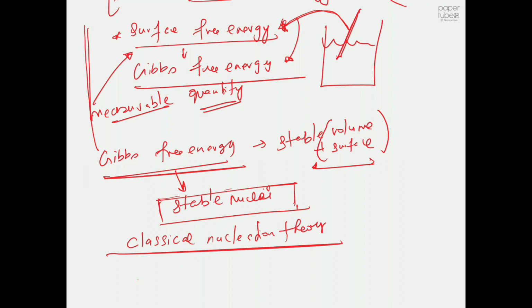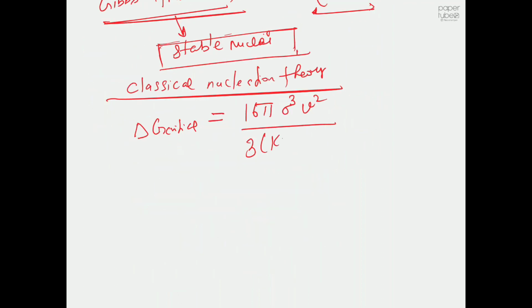Before that we can write what is the critical free energy, delta G critical. This is related to 16 pi sigma cubed v squared over 3 kT ln S, the whole squared.